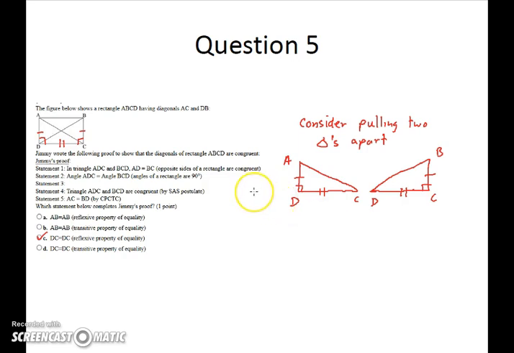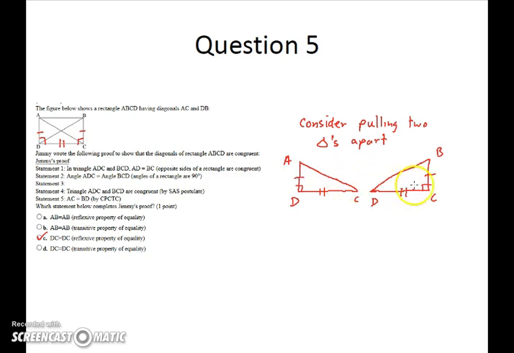Okay, so for the proof for this, you are looking at two right triangles. The left triangle is the right triangle. Left right triangle, that makes a lot of sense. And then the right triangle. Opposite statements are given to us.